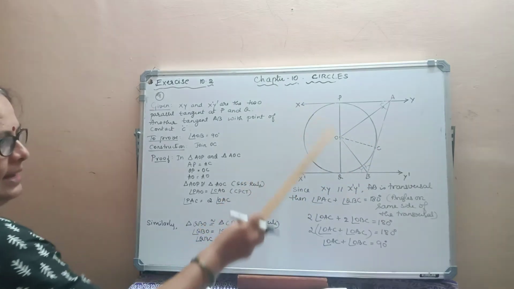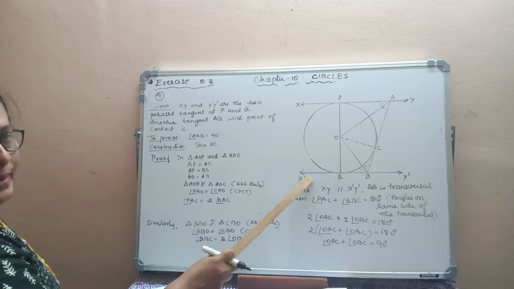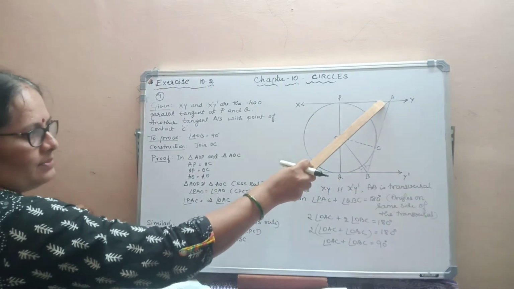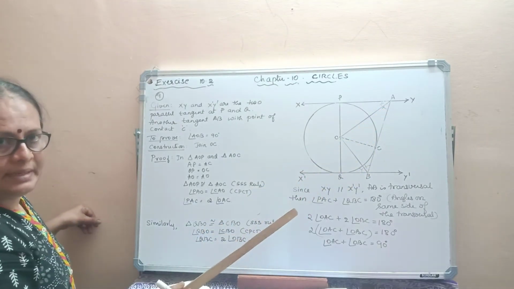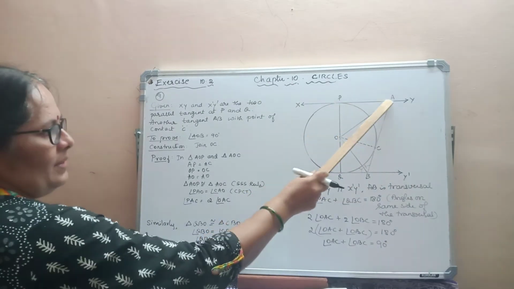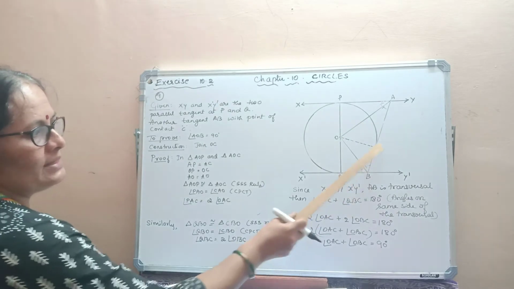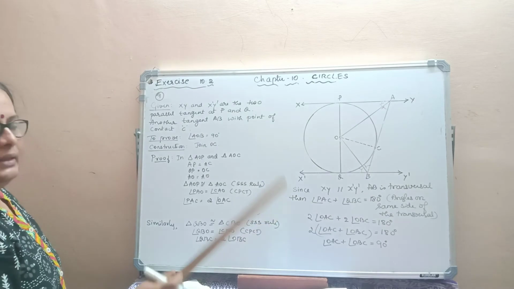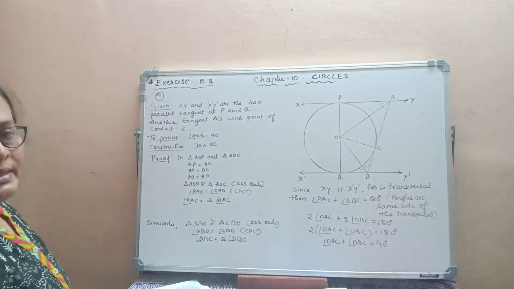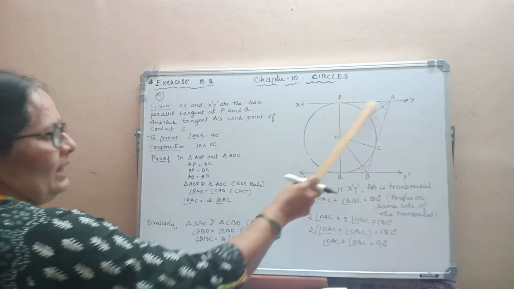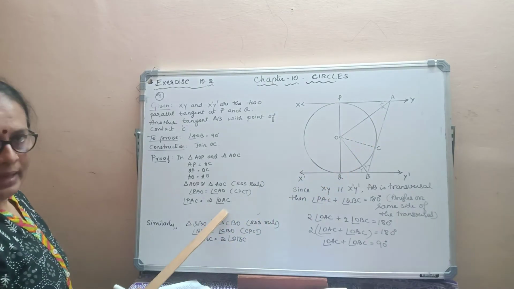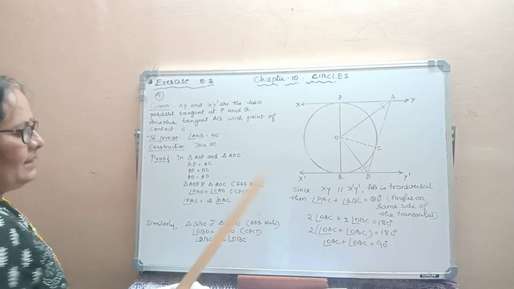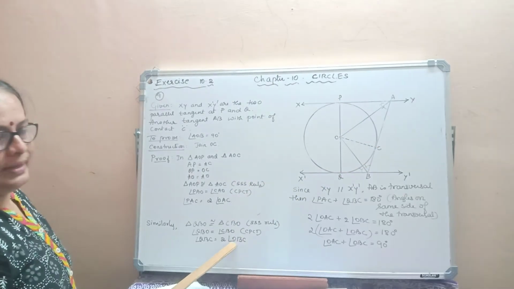Now XY and X dash Y dash are two parallel lines and AB is the transversal. So angles on the same side of the transversal are supplementary, so angle PAC plus angle QBC equals 180 degrees. PAC is twice angle OAC, and QBC is twice angle OBC.